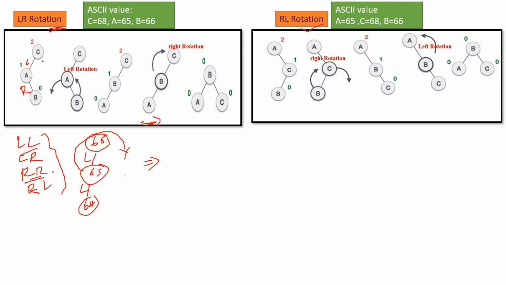For that, in the long method, wherever LR came, first we have to perform the left rotation, then we perform the right rotation. While performing the left rotation, we perform it between A and B. One more thing to remember: whenever we perform a rotation in the AVL tree, we always perform it between 3 nodes.